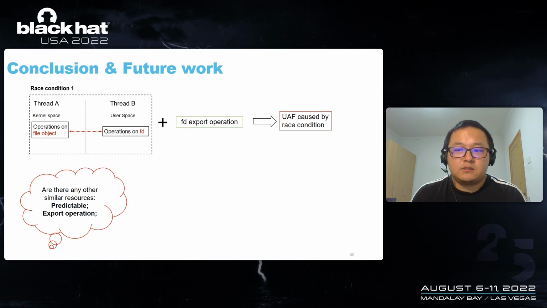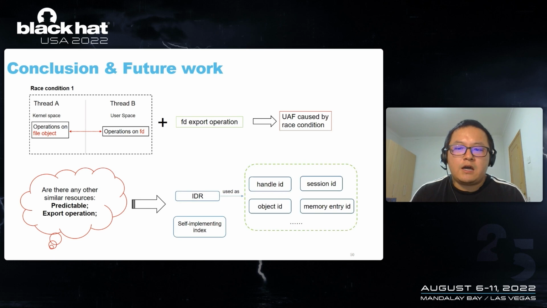The answer is yes. I found that IDR is a really typical resource of this kind. It's predictable and export operations can be performed on it in the kernel. And it's widely used in kernel drivers as handle ID, session ID, or object ID, and so on. So here comes the future work. We can try to find similar use-after-free issues in IDR or other self-implemented indexes.